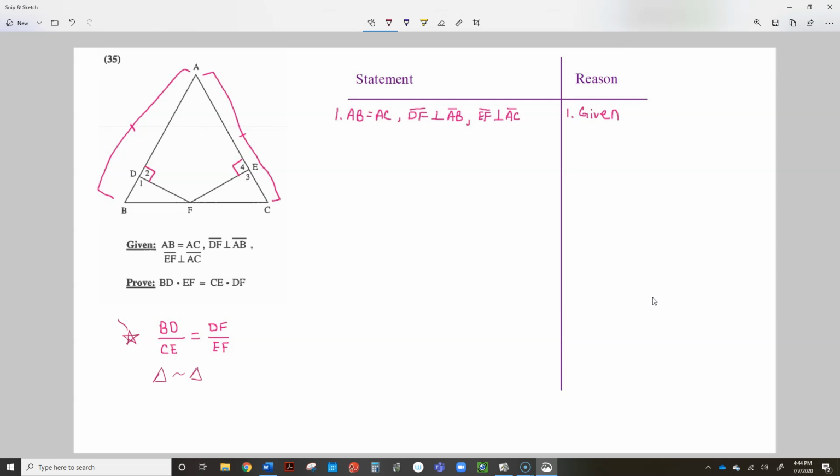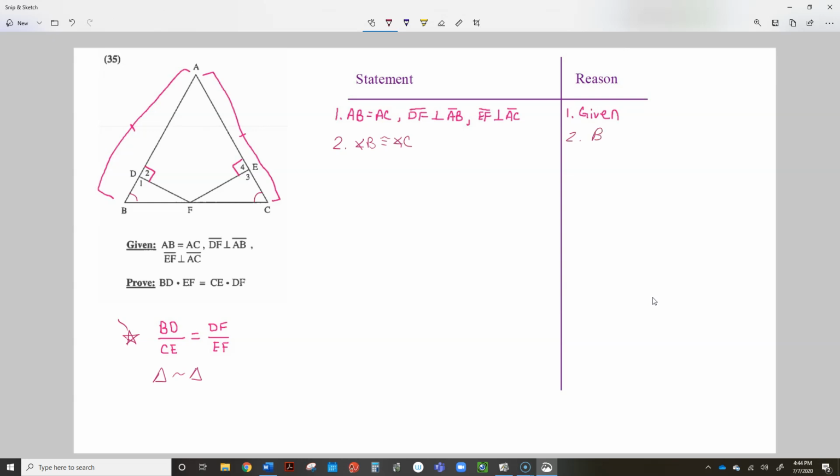They gave me that these two sides were congruent. That means that this is an isosceles triangle. And what do I know about isosceles triangles? I know their base angles are congruent. So my second step right here, I can say that angle B is congruent to angle C. And the reason that I know that is, what is that, the isosceles triangle theorem?